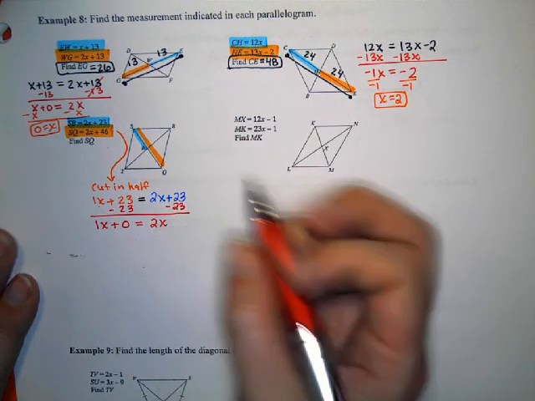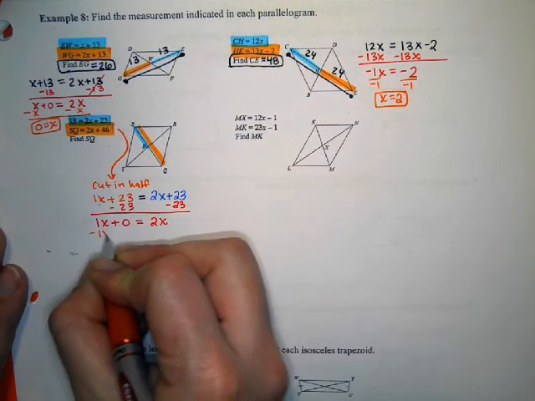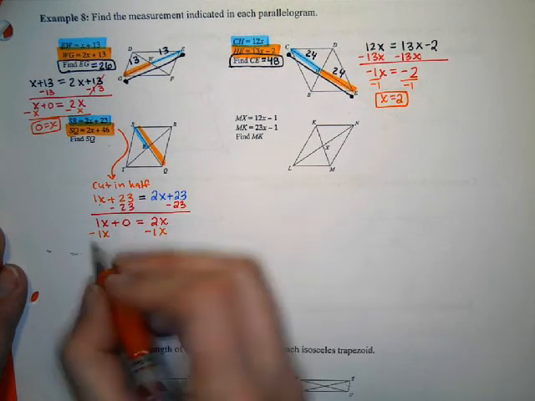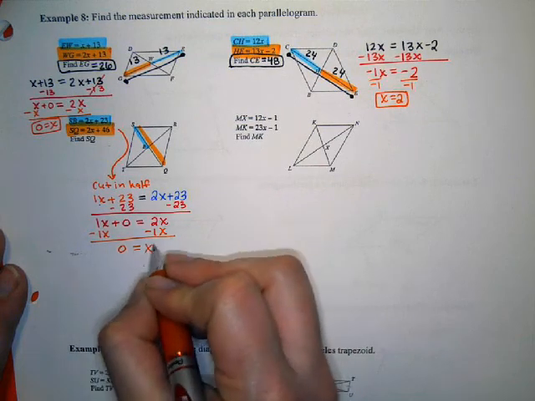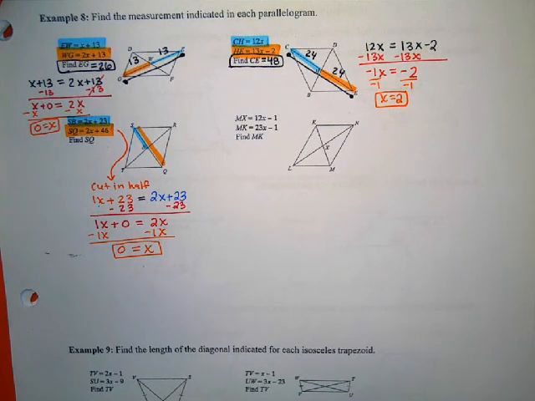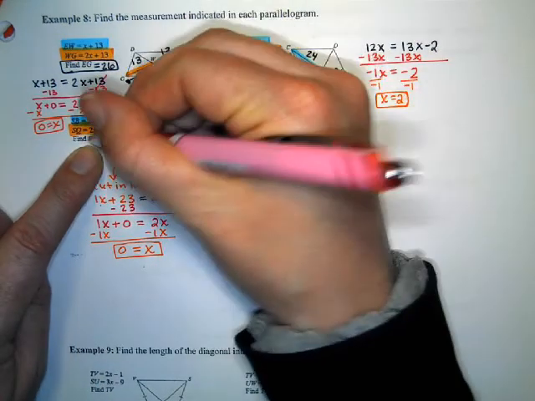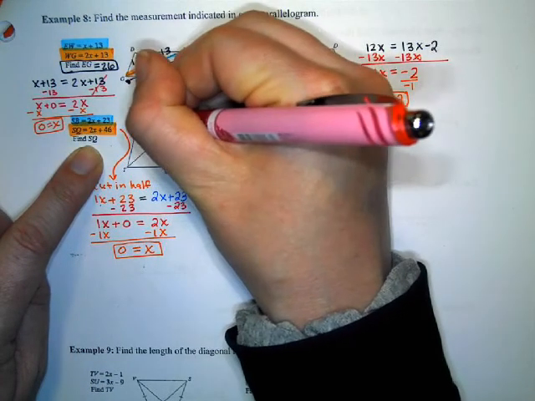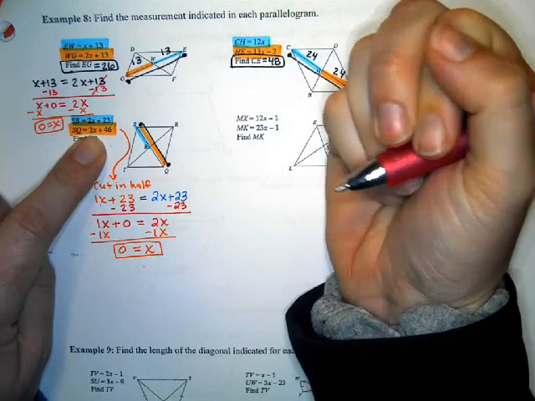I am going to minus the 23. Then minus the 1x. 0 is equal to x.